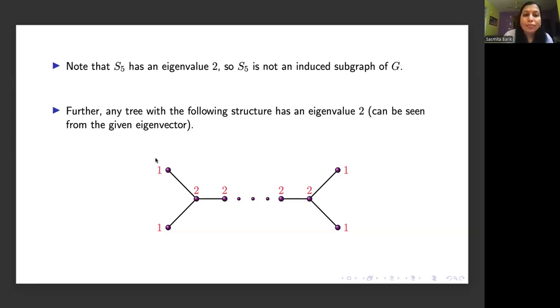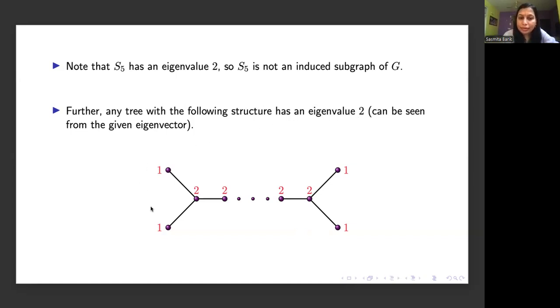And if this type of subgraph is there, you can observe that for this tree, 2 is an eigenvalue. If I choose the eigenvector with entries 1, 1 here, then 2, 2 for these entries, and then 1, 1 here, and construct the eigenvector this way, it gives 2 as an eigenvalue.